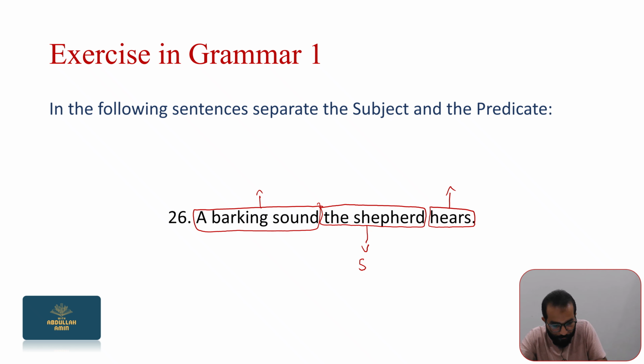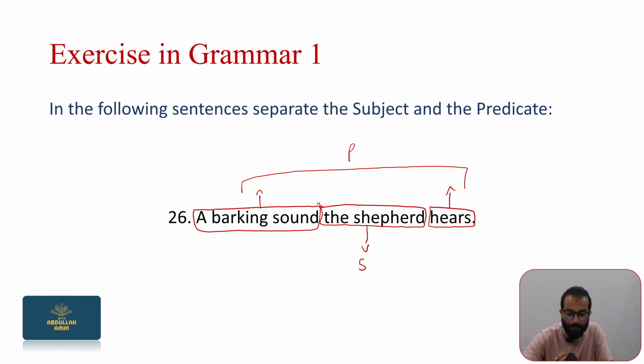I don't know how to mention it, but I would say this one is the predicate. And the structure we have right now, you can use it like this, over here, the shepherd.